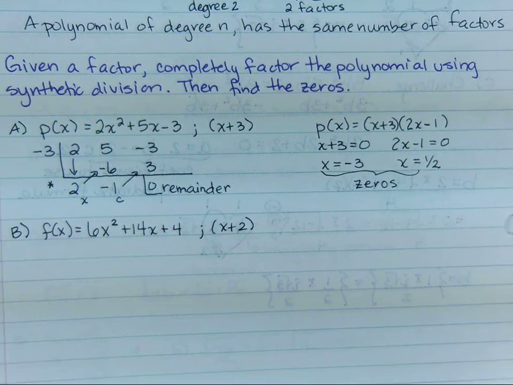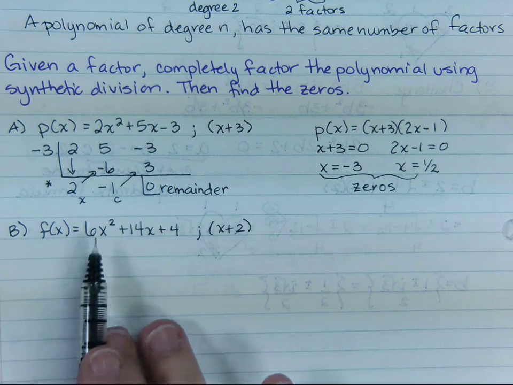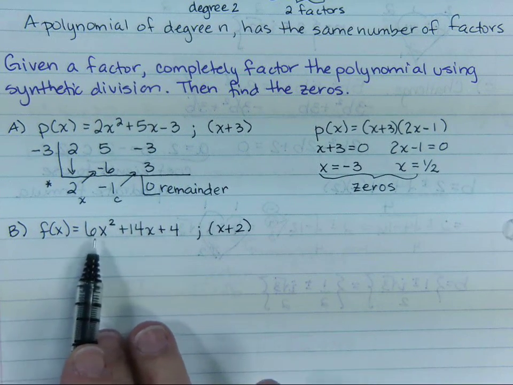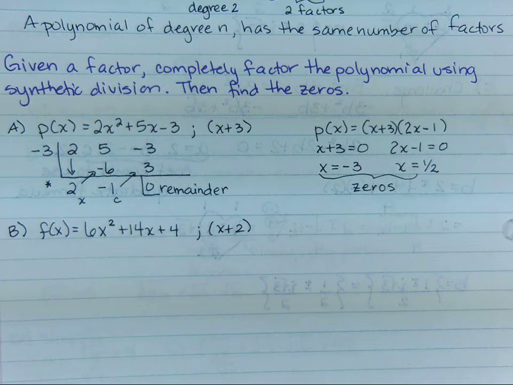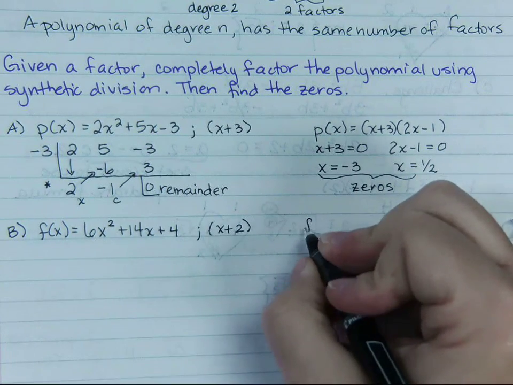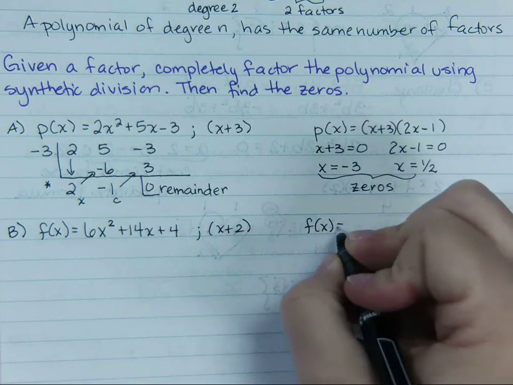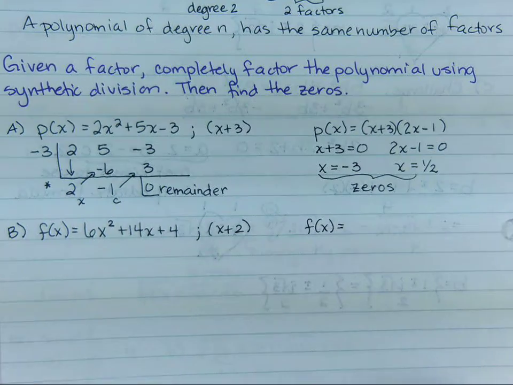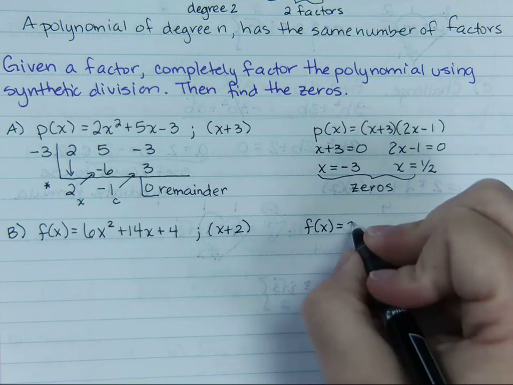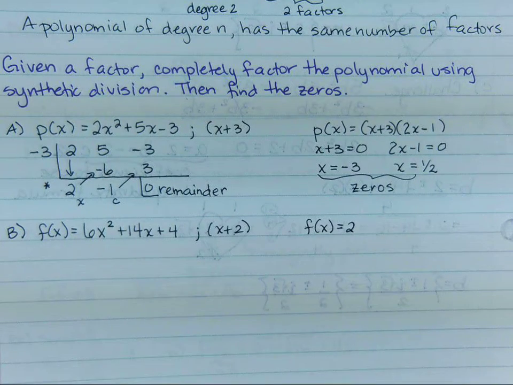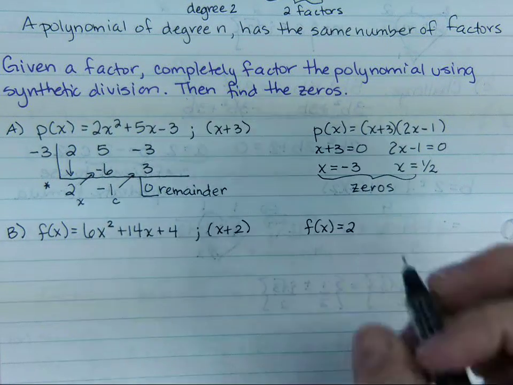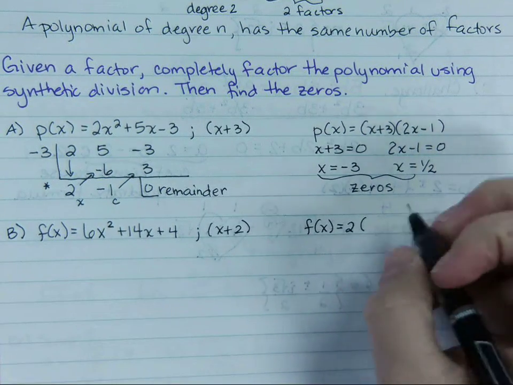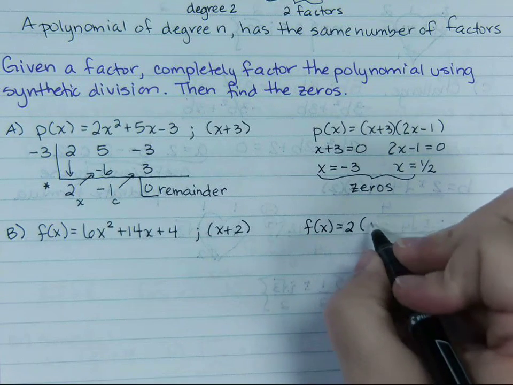Now one thing that I want you to recognize is that when you are factoring, you always have to make sure you factor out a GCF first. So when I'm writing down my f of x, I'm going to have to take out a factor of 2 first. If I don't take out a factor of 2, then I'm not going to have a more simplified polynomial.